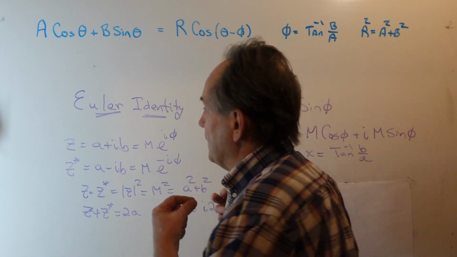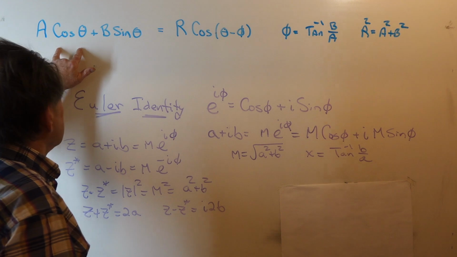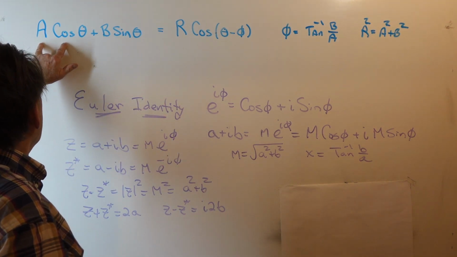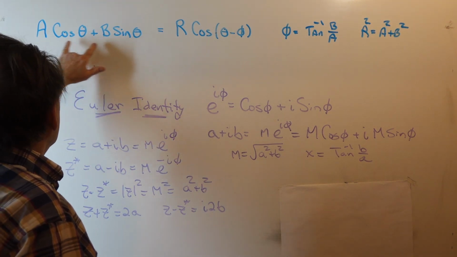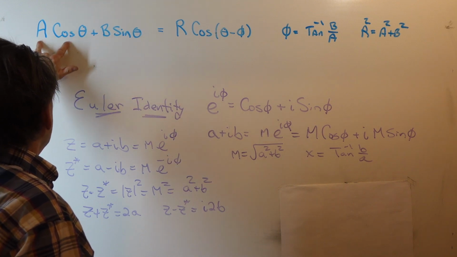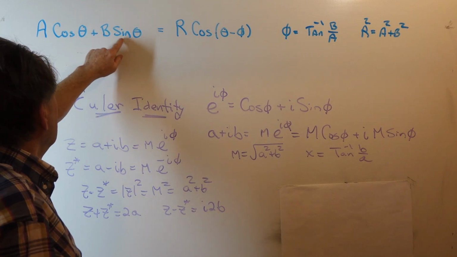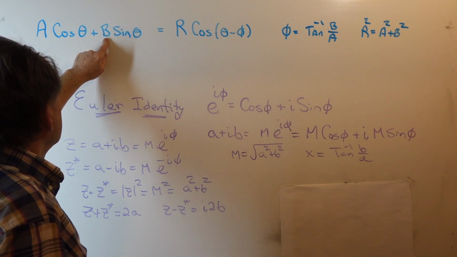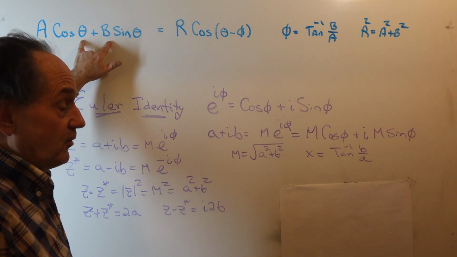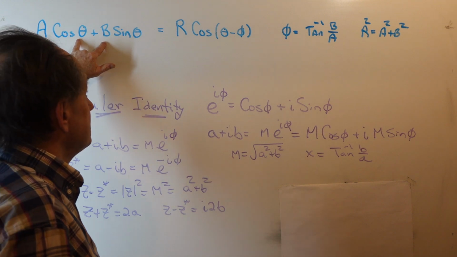So the relationship I'm going to be investigating is this one, where we have the sum of two sinusoids. We have a cosine with amplitude A, a sine with amplitude B of the same frequency. That's important. They have to be of the same frequency.